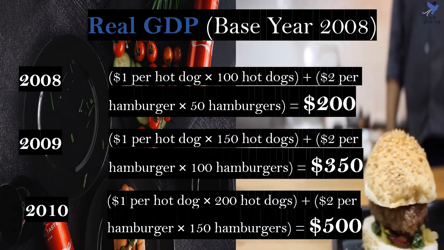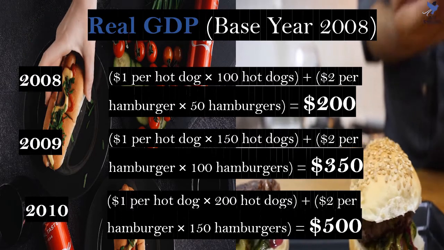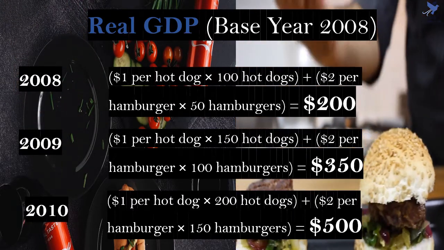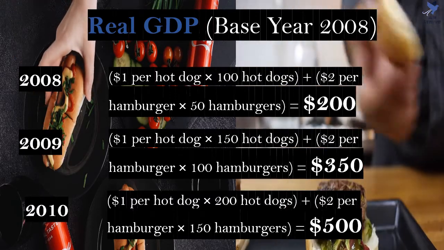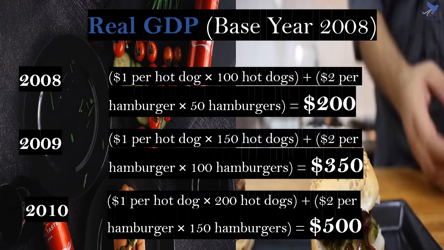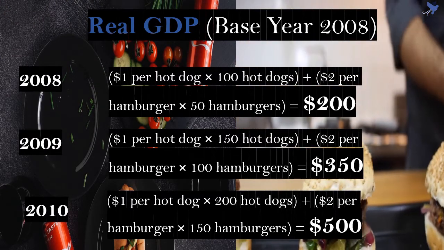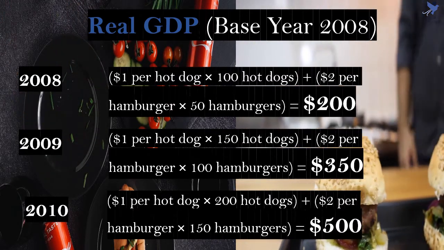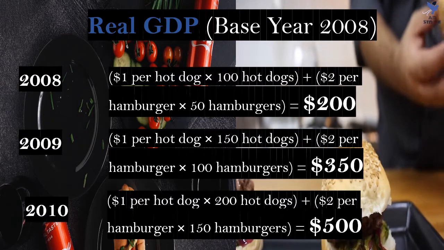So if you compare the real GDP with the nominal GDP, we can see that for 2008, the GDP remains the same. For 2009, if you compare the real and nominal GDP, the nominal GDP is greater than the real GDP, and similarly for 2010 also, the nominal GDP is greater than the real GDP.